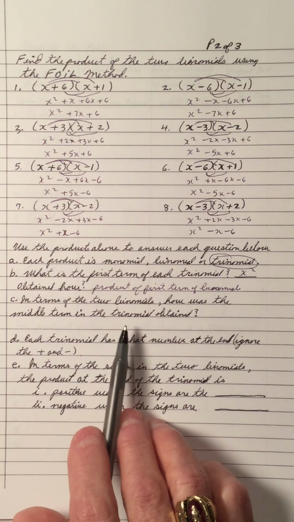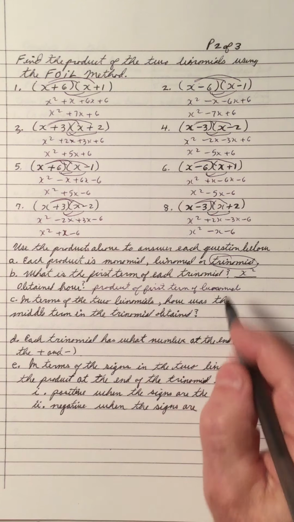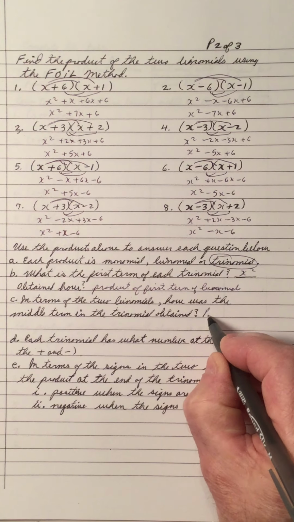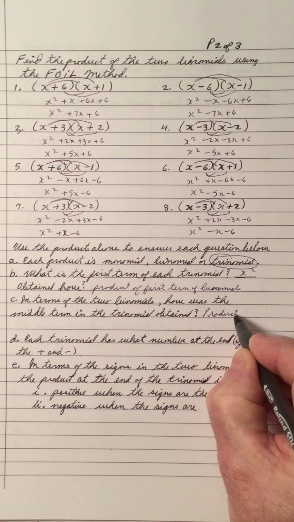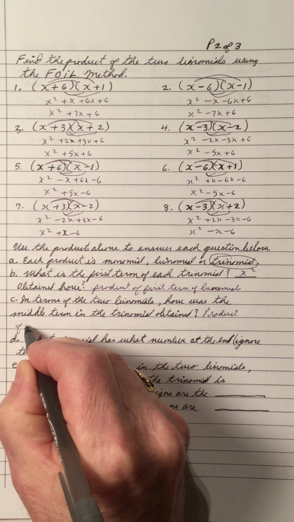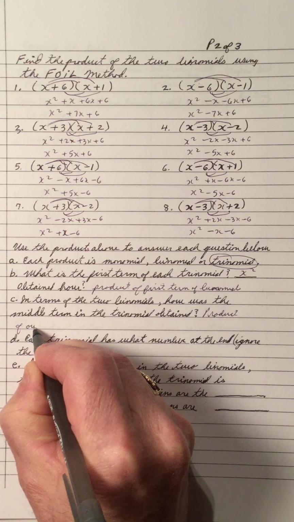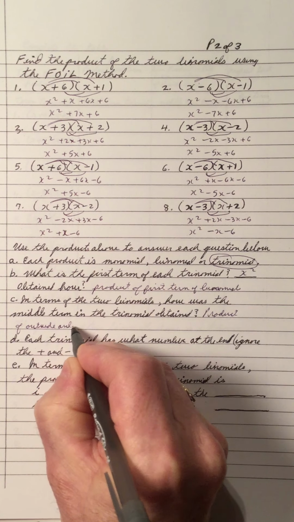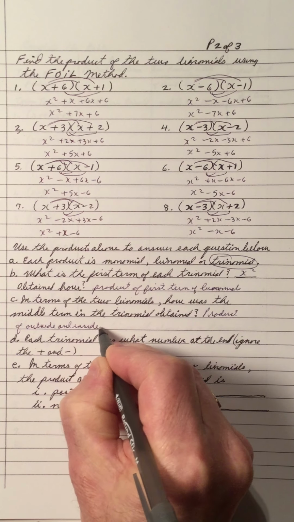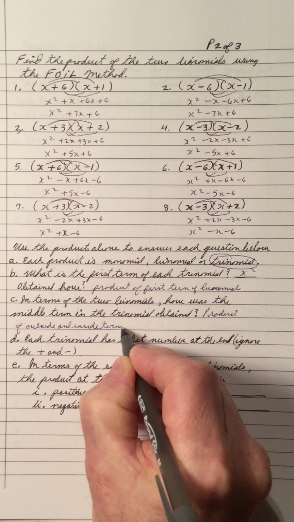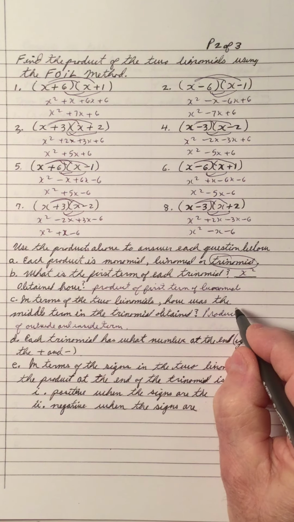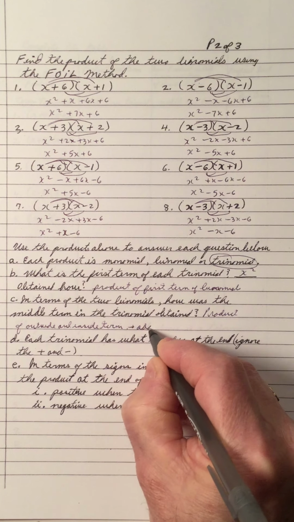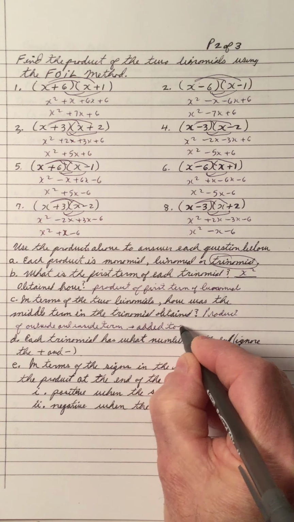So as you review that, how was the middle term obtained? Well, it was obtained by the product of the outside and inside terms added together.